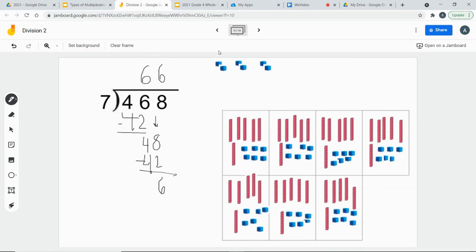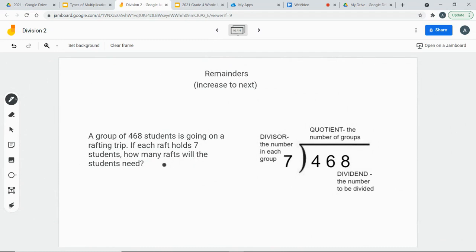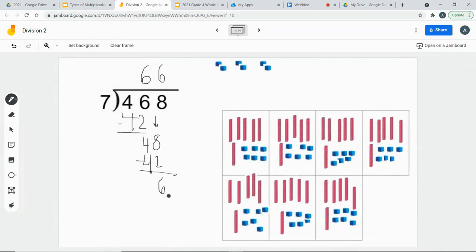So I have 66 rafts needed, but then there would be 6 students left over. So this time, I actually need to increase this to 67 rafts because I can't leave those 6 students behind, so I'll need an extra raft for them too.